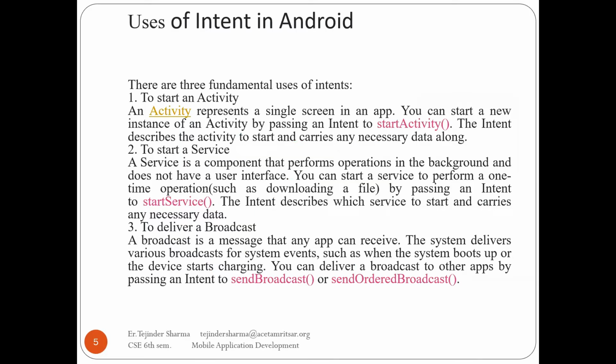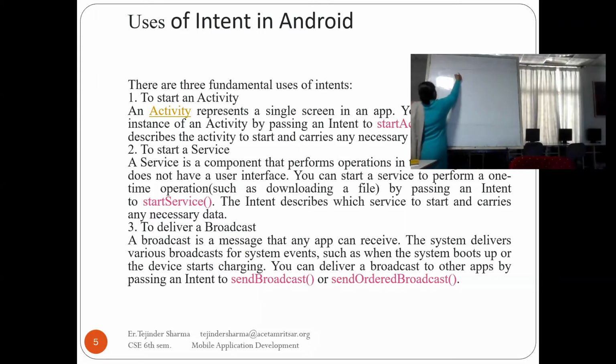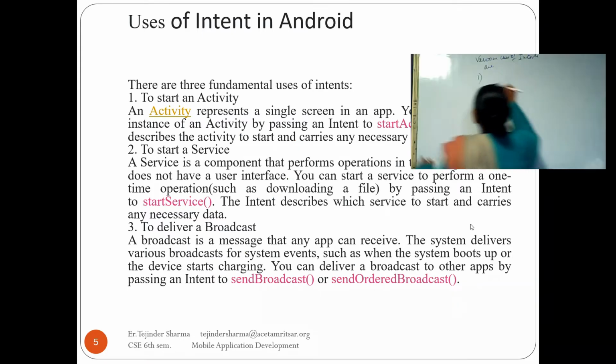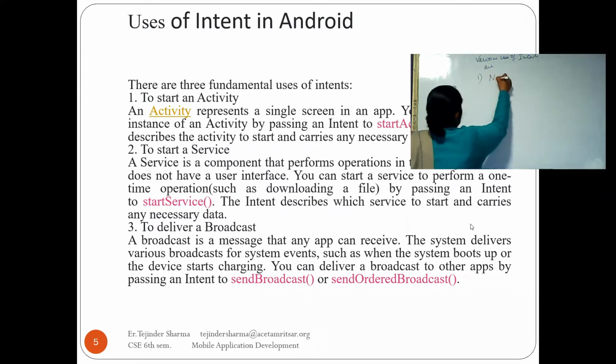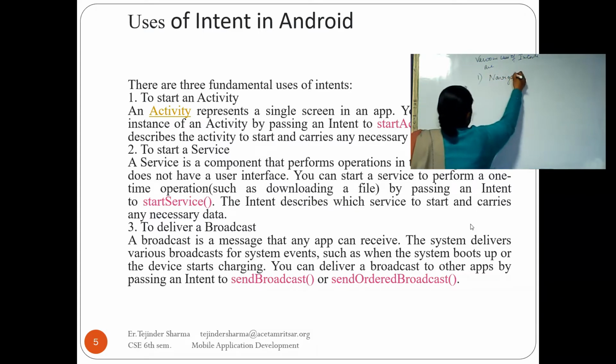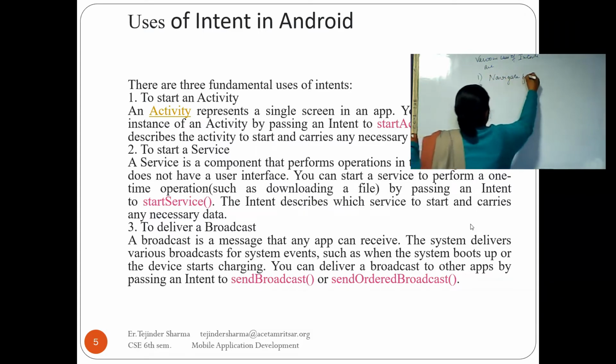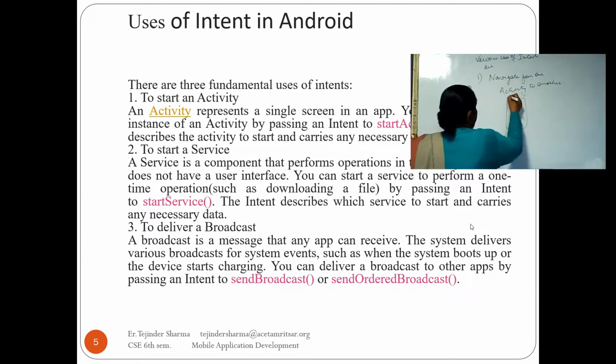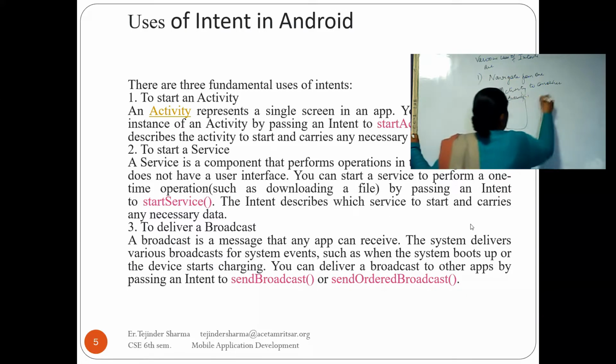So what are the uses of intent? Various uses of intent are, first, it is used to navigate from one activity to another. That means you navigate from activity 1 to activity 2.